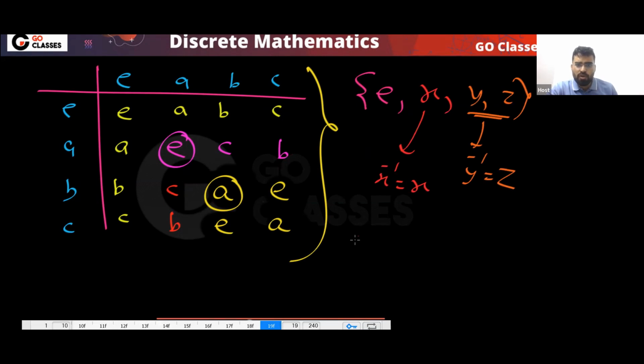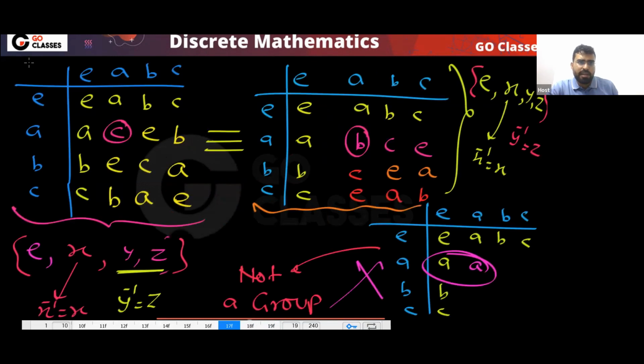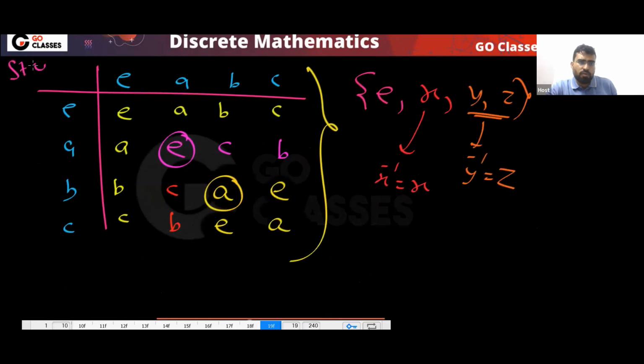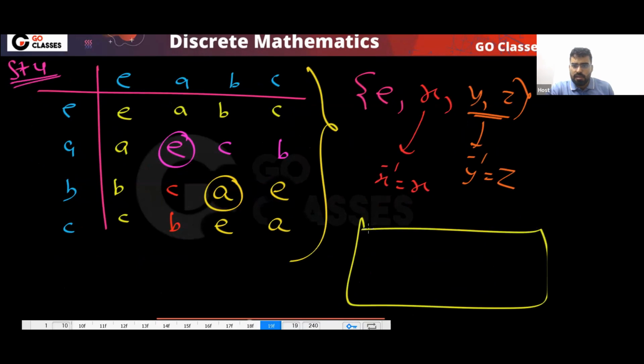Let me call this structure 1, this structure 2, this structure 3, and this structure 4. Now what can I say? I can say that structure 1 is isomorphic to structure 2, which is isomorphic to structure 4.